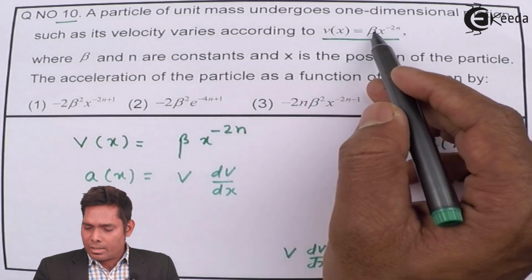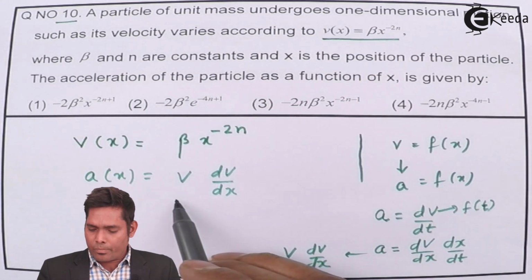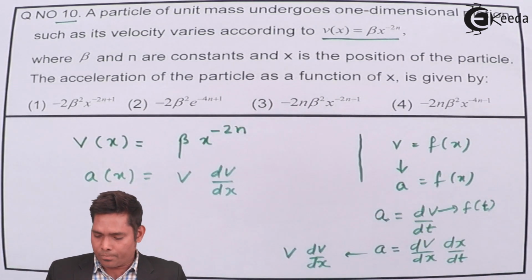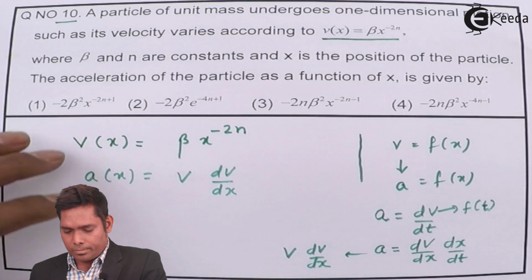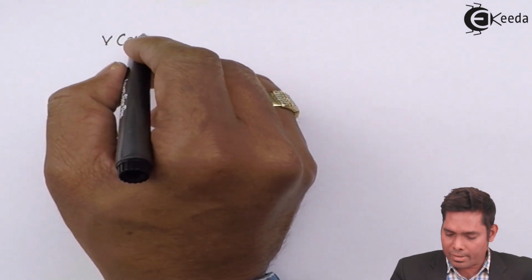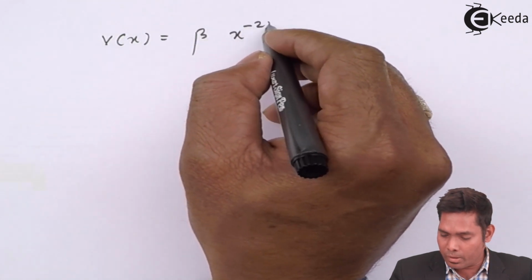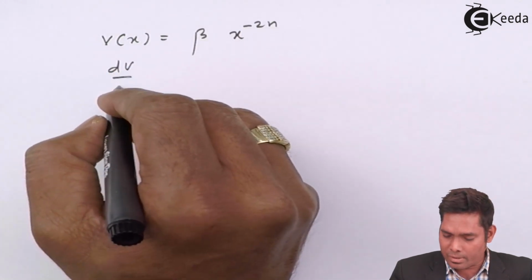v is given as this, so I'll write this value here, but then I will differentiate v with respect to x. So first of all, let us do that. v of x is beta x raised to the power minus 2n. So what is dv by dx?